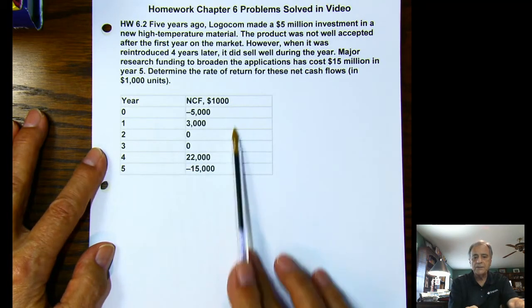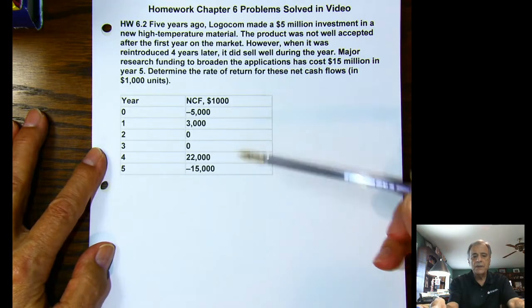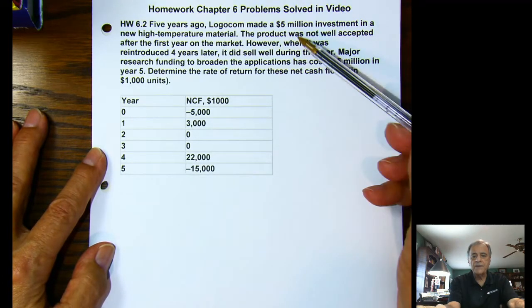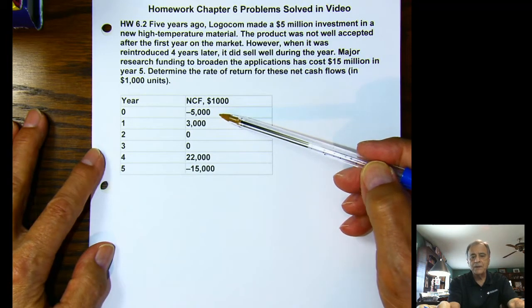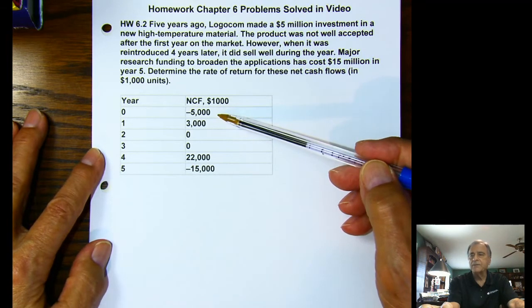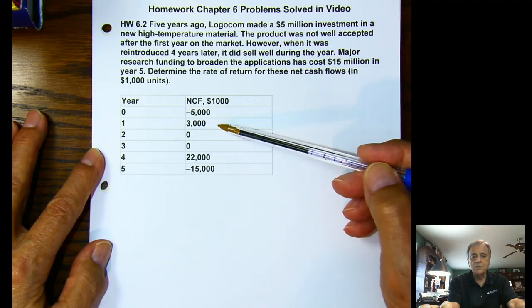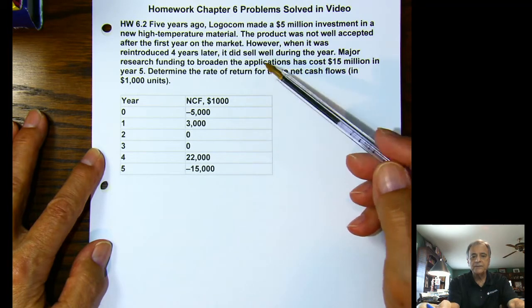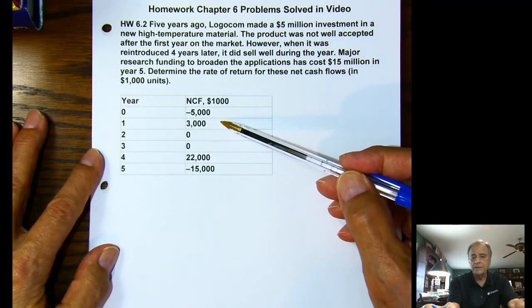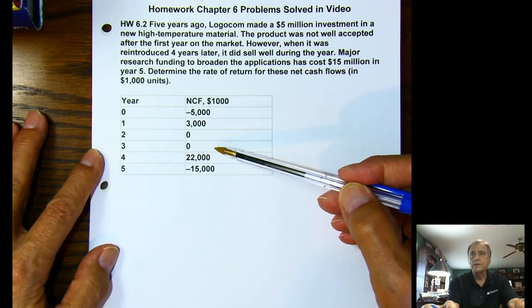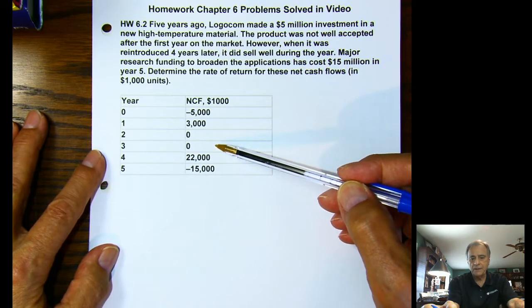And these are the net cash flows. So in year 0, that was the 5 million expressed in thousands of dollars. So that's minus $5,000. In year 1, they apparently did have a profit of $3 million. And then after that, years 2 and 3, there was no profit.